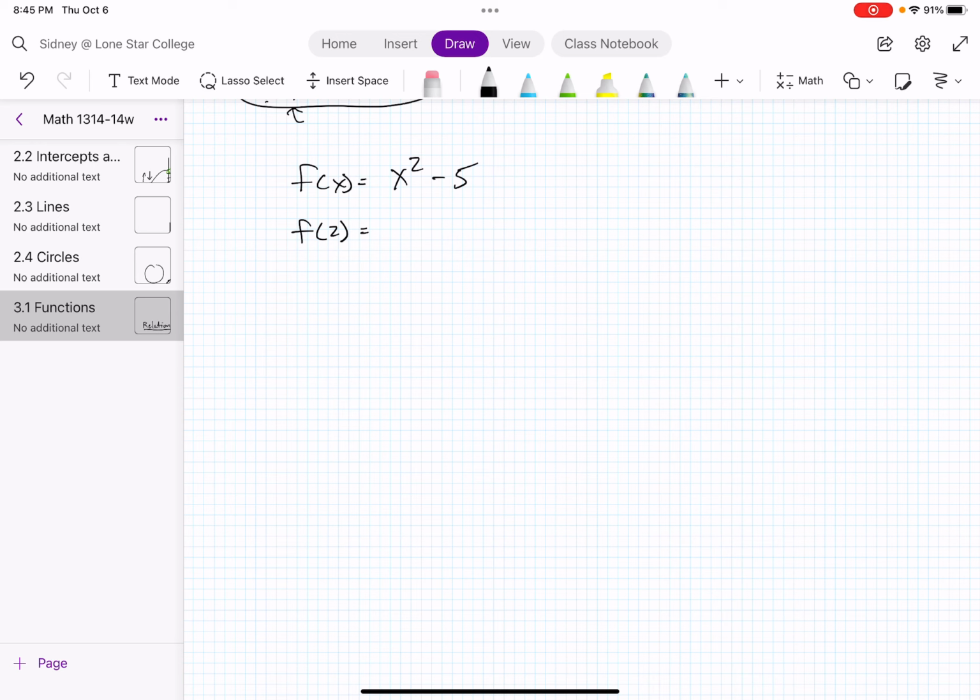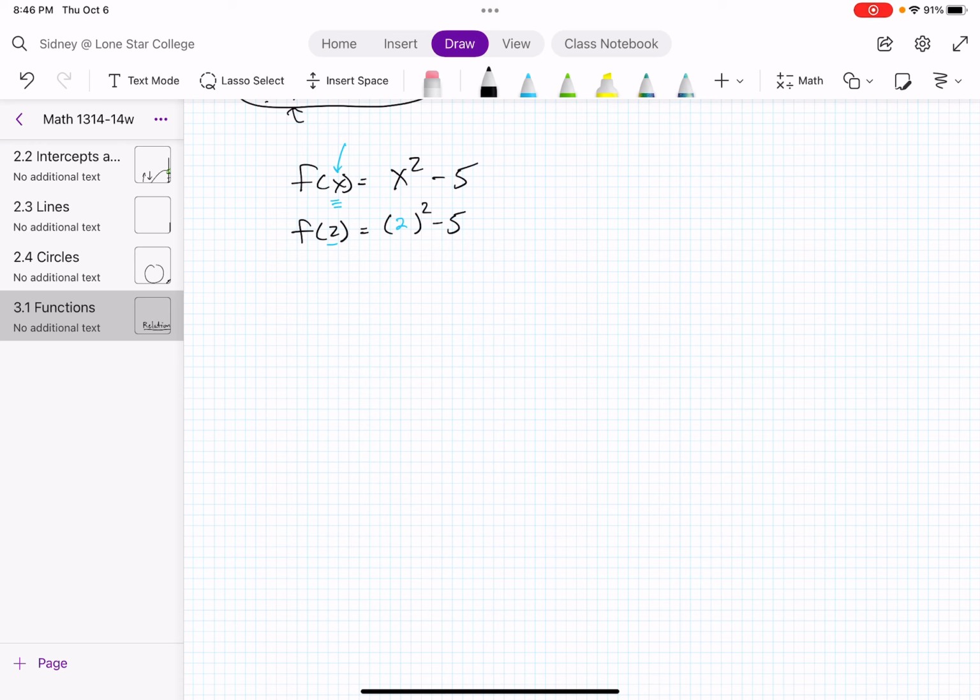And f of 2 means, we know that the f function is a function of the variable x, right there. F of 2 simply means this is no longer a variable we don't know what it is. We're saying that it's 2. We're going to evaluate this function when x equals 2. And what that means is we're literally going to substitute in a 2 everywhere there's an x in the equation. So f of 2 means evaluate that function when x equals 2.